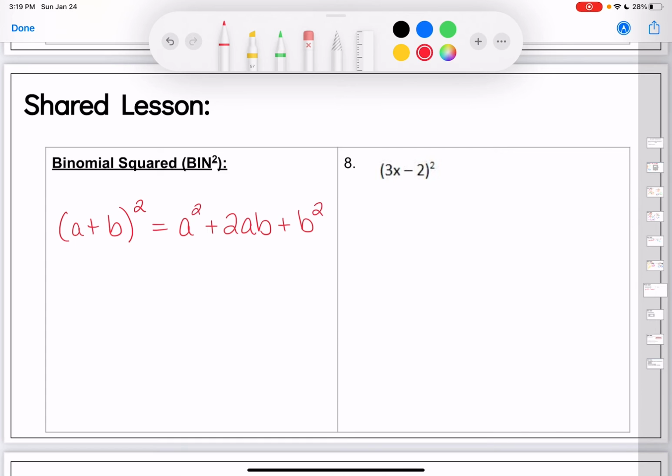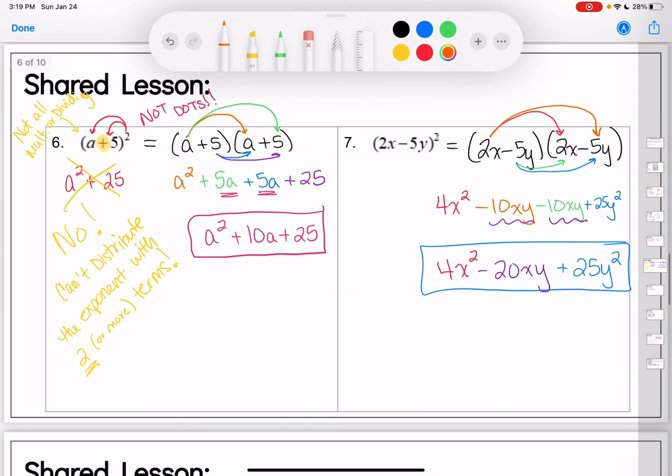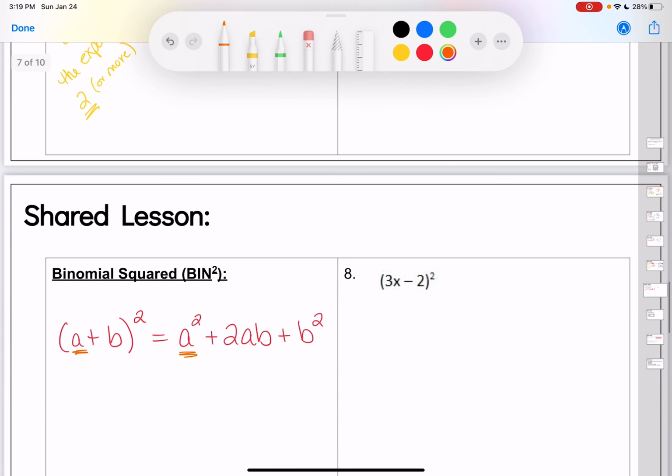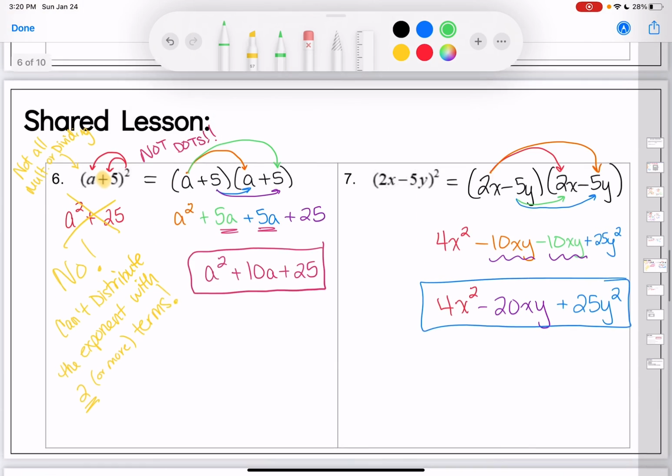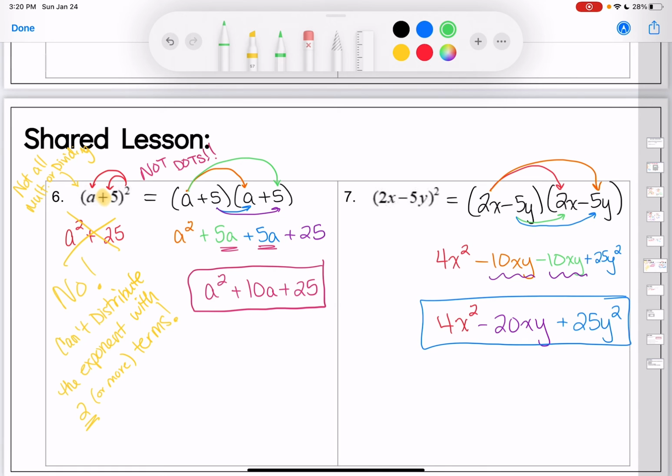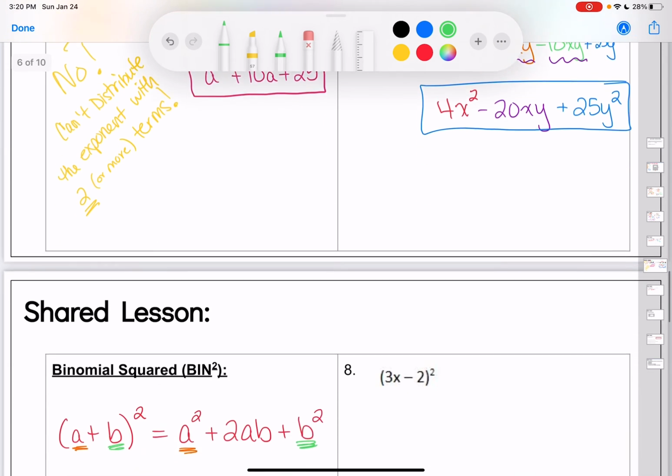plus b squared. If you look back at our final answer, the first term is the first term squared, a squared. 2x squared is 4x squared, right? The last term is the second term squared. 5 squared is 25. Negative 5y in parentheses squared is 25y squared, right?